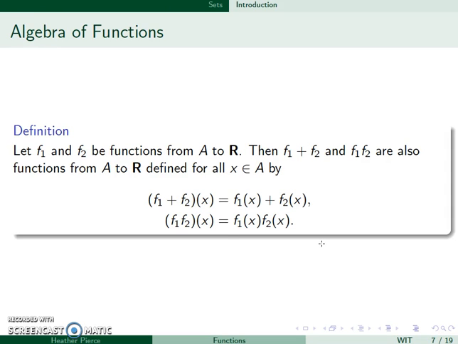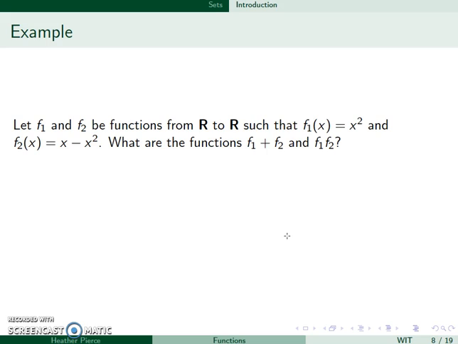We can also do algebra with functions. So if f1 and f2 are functions from A to R, we say f1 + f2 is equal to f1(x) + f2(x). f1 times f2 is f1(x) times f2(x). So for example, we're going to let f1 be equal to x squared and f2 be equal to x minus x squared.